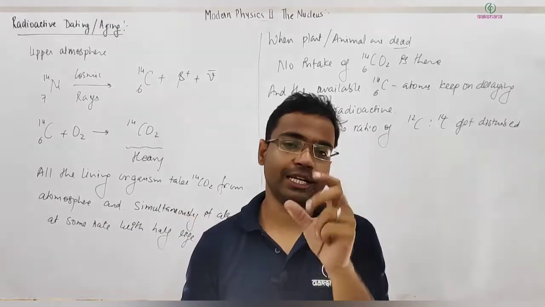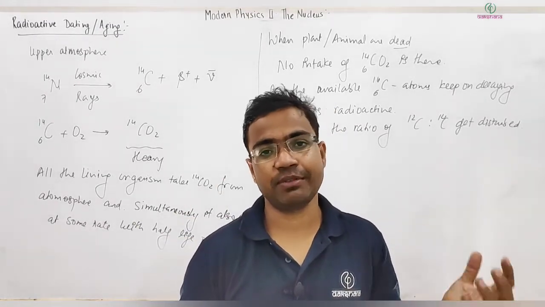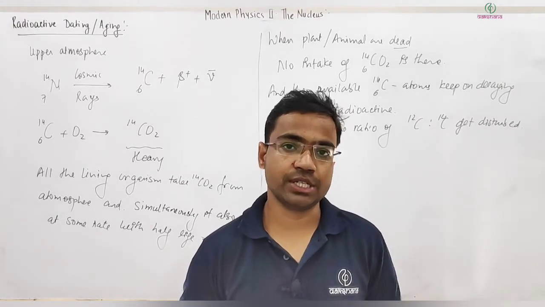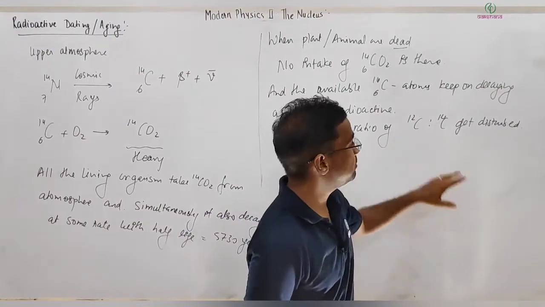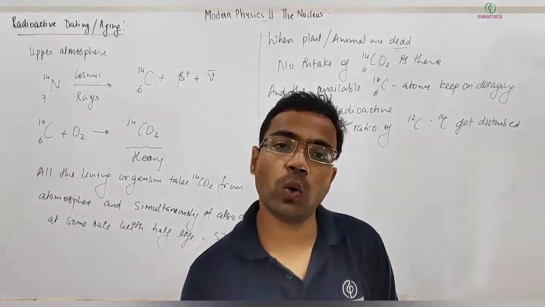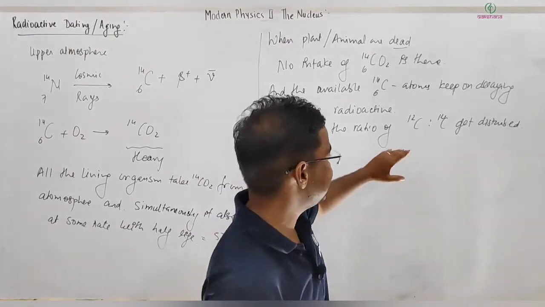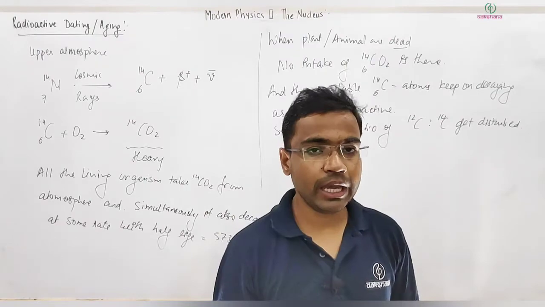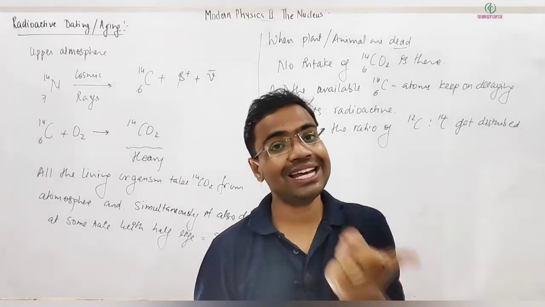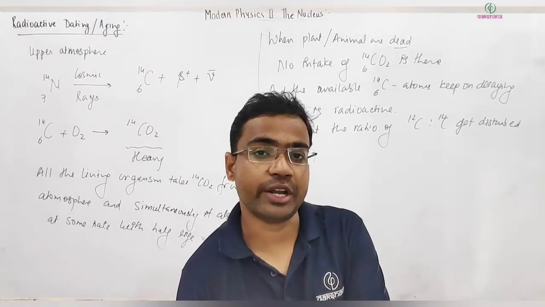we will take one sample from the dead plant or the fossil of the plant, let's say some 10 gram of sample, and we will take a similar 10 gram sample from the new living plant. We will calculate the number of carbon 14 atoms present in the old one and in the new one. So we get the ratio of carbon 14 in the living being and the carbon 14 number in the dead body.